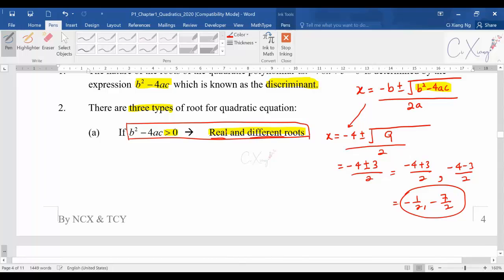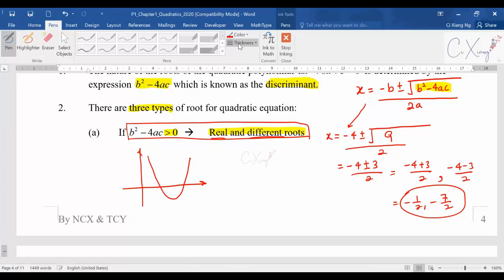And then when you have this kind of real and different roots, generally your quadratic graph will look something like this. If it is a U shape, it will look something like this, which means your quadratic graph cuts the x-axis at two different points.